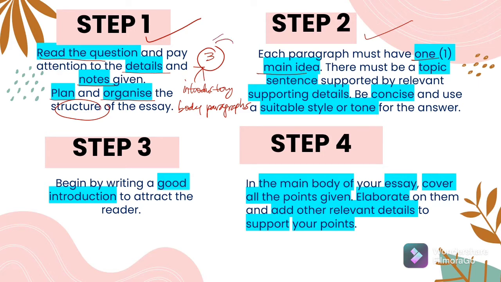So the 3 content points should be able to give you the idea, right, of what are the main ideas that you must have in each of the paragraph, right? So there must be a topic sentence supported by relevant supporting details. Remember, you have to be concise and use a suitable style or tone for your answer.